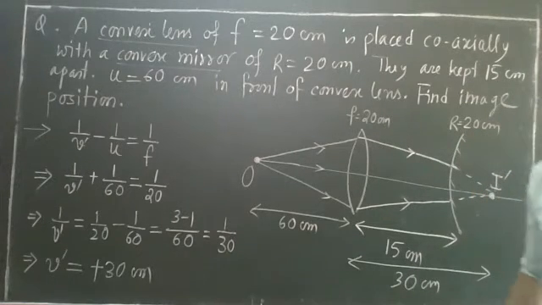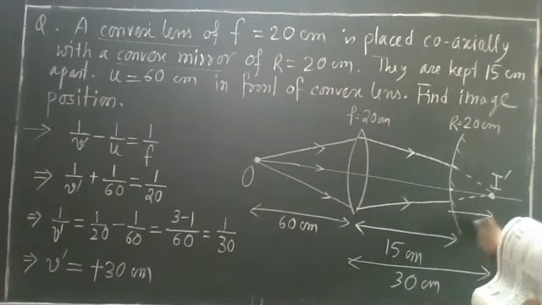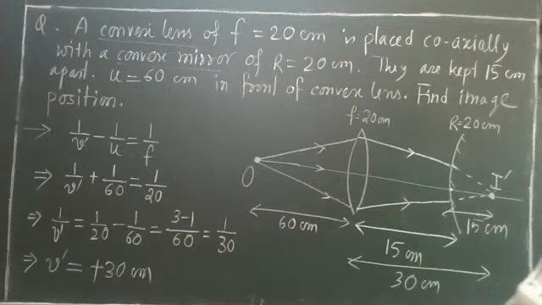Now come to the mirror. The separation is given as 15. So this distance, from this point to this point, will be another 15. Yes, it is coming 15 actually.